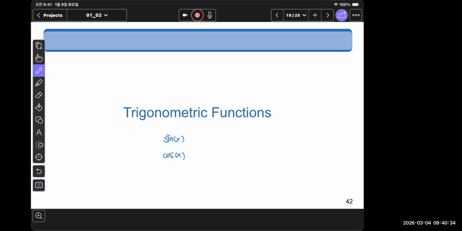And there are sine, cosine, tangent, cosecant, secant, and cotangent functions. So those are the trigonometric functions. I will assume that you are familiar with these functions. Otherwise, let me know.